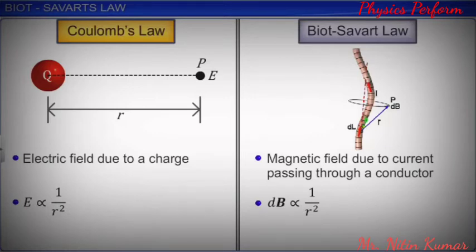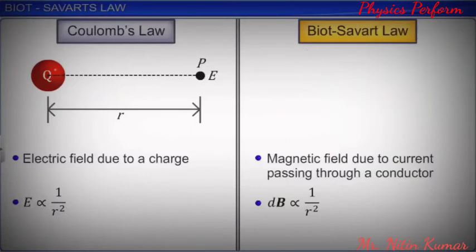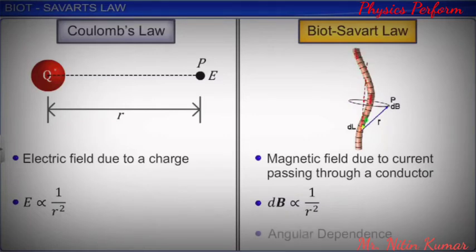But, according to Biot-Savart law, the magnetic field at point P acts perpendicular to the plane containing vectors dl and r. The magnetic induction at any point P in the magnetic field of the current-carrying conductor depends on the angle between vectors dl and r, whereas there is no such angular dependence in the case of the electric field strength due to a point charge.